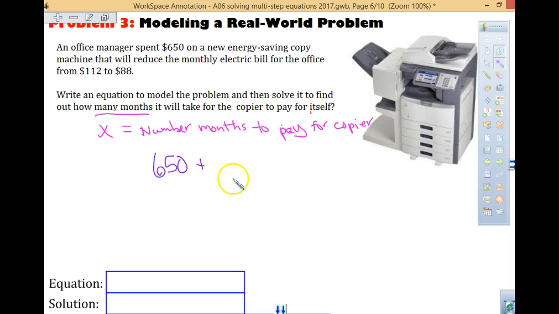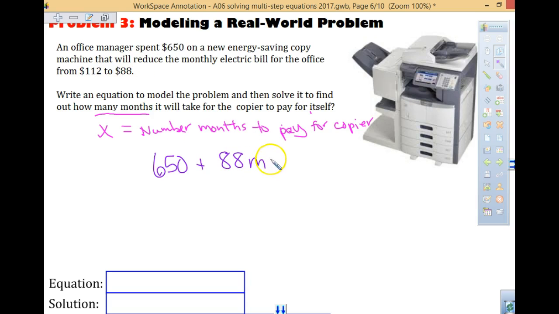Plus, how much were we paying before if we are looking at our bill? Do we want to have plus 112 or plus 188 or plus 88? Because this is the new one, right? $88 a month.